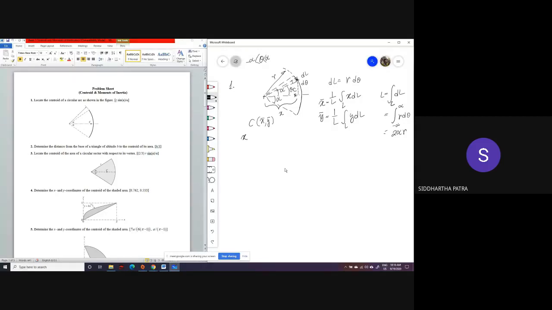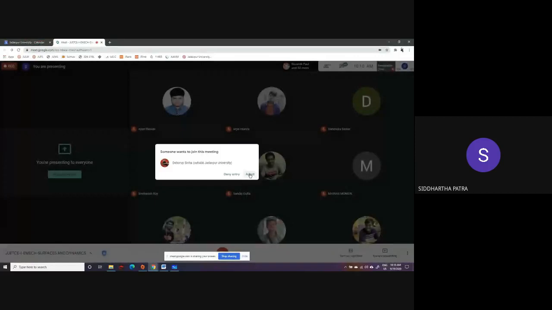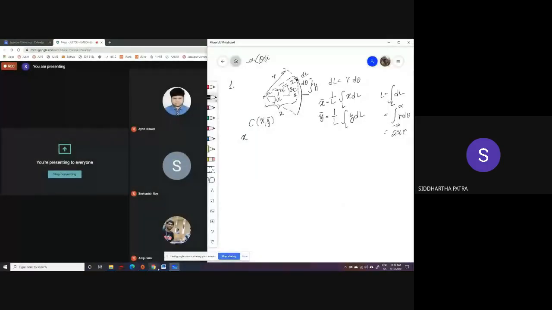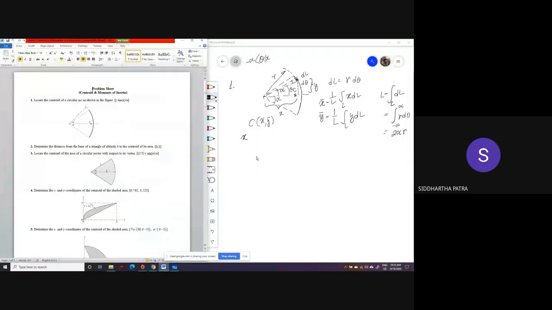So that x is over here, and this is the y. The expression for x and y, as you may have guessed, is x equals r times cos theta, and y is r times sine theta.